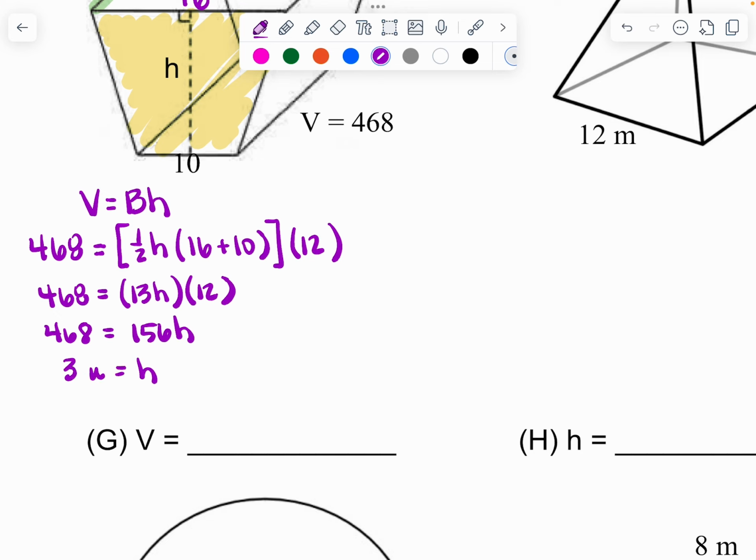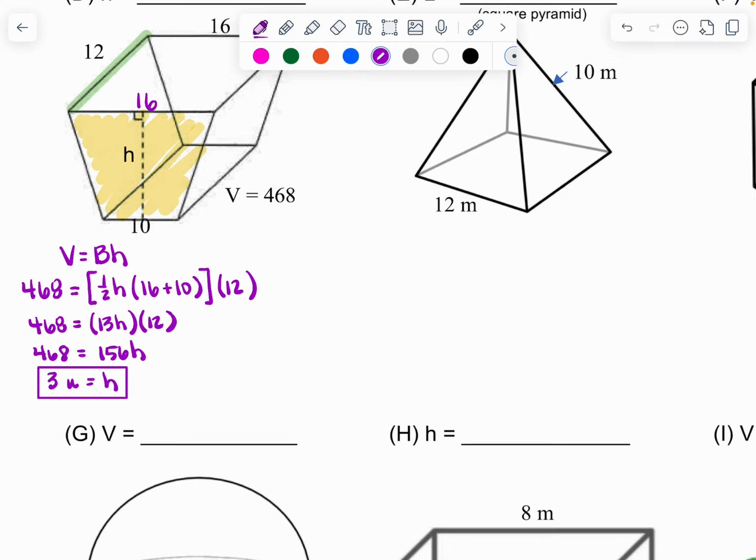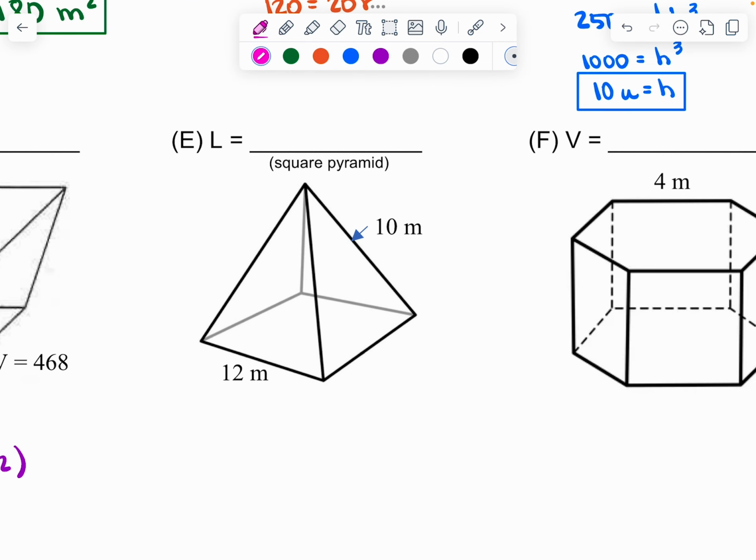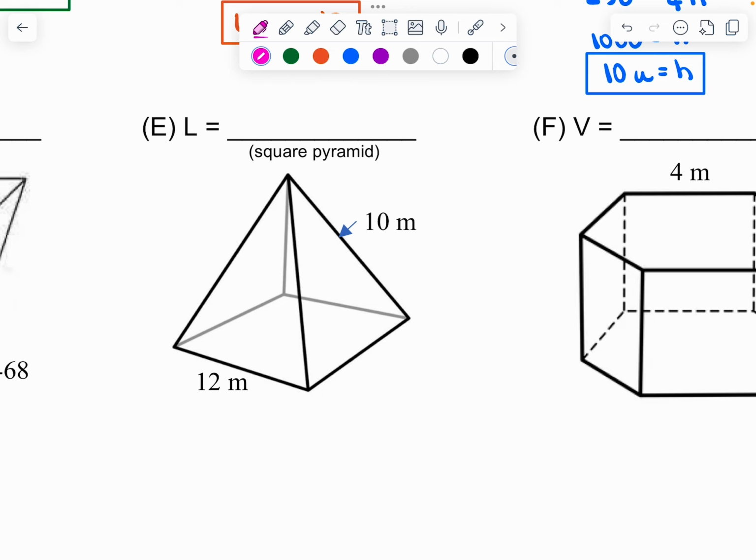Right, and then I can just divide, and I'm going to get H equals 3. And that would just be units because they didn't actually give me units on that volume. Okay, so again, being able to work an algebra equation, right, no matter what piece is missing or what pieces were given. Okay, so solving for the height.